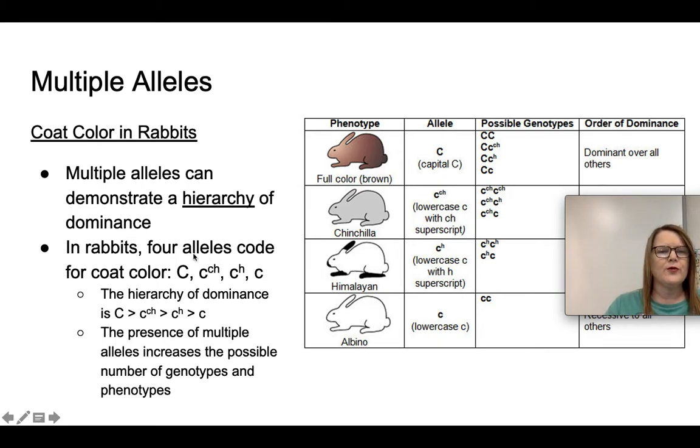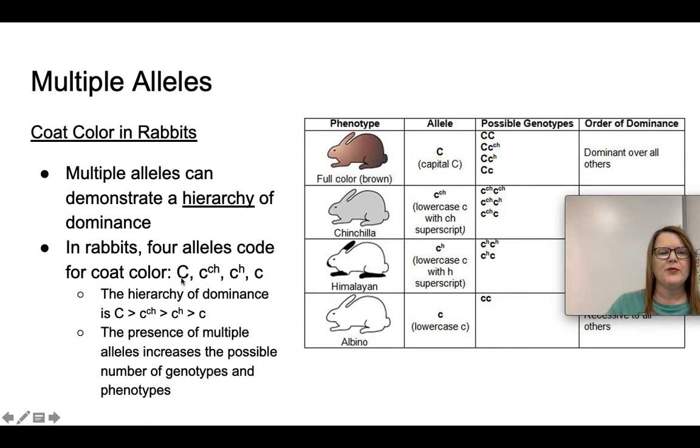So in rabbits, 4 alleles code for coat color. Capital C is going to represent our brown fur color. C^ch represents chinchilla color, which is a gray. C^h is Himalayan, which is the white and black. And little c is albino.